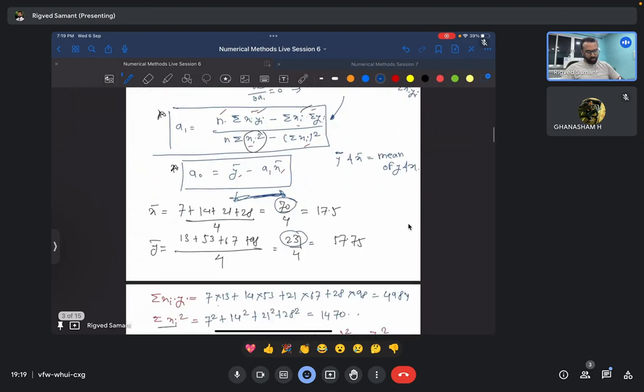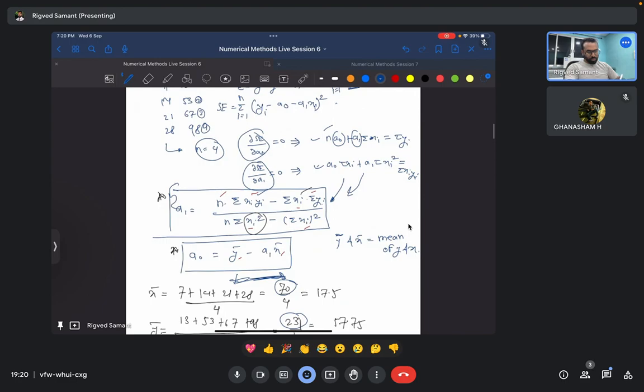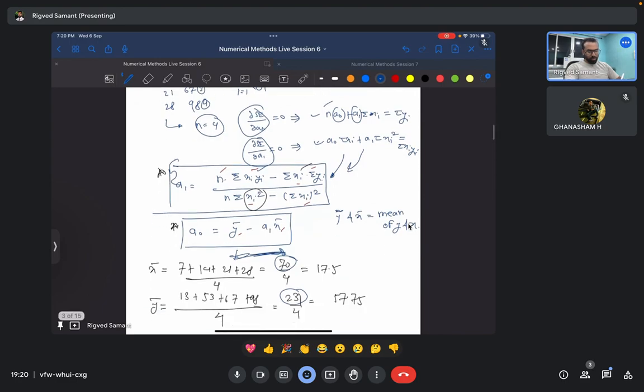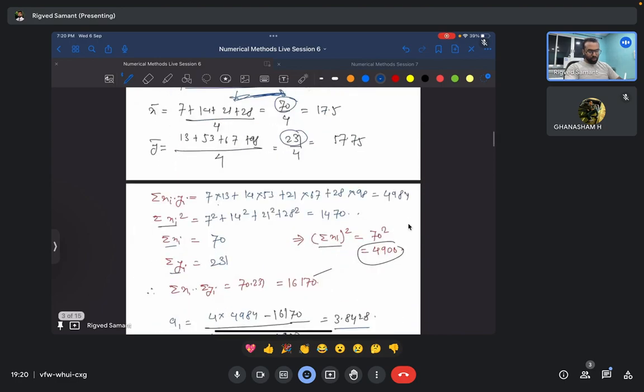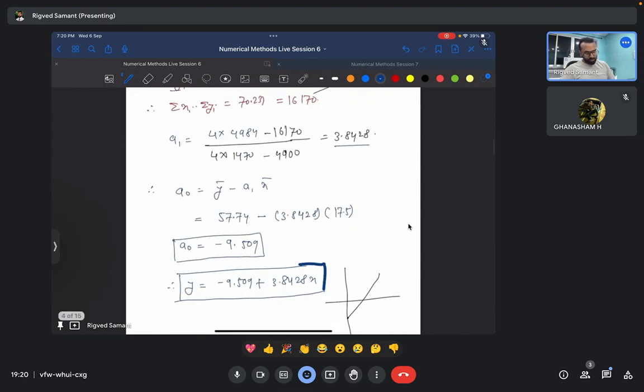And we used this fairly straightforward formula that we get by equating the slope of the sum of squared errors with respect to a0 and a1 to 0, and rearranging those simultaneous linear equations, we got the formulas, and putting in the values, we got the value of a0 and a1, and we got this slope.